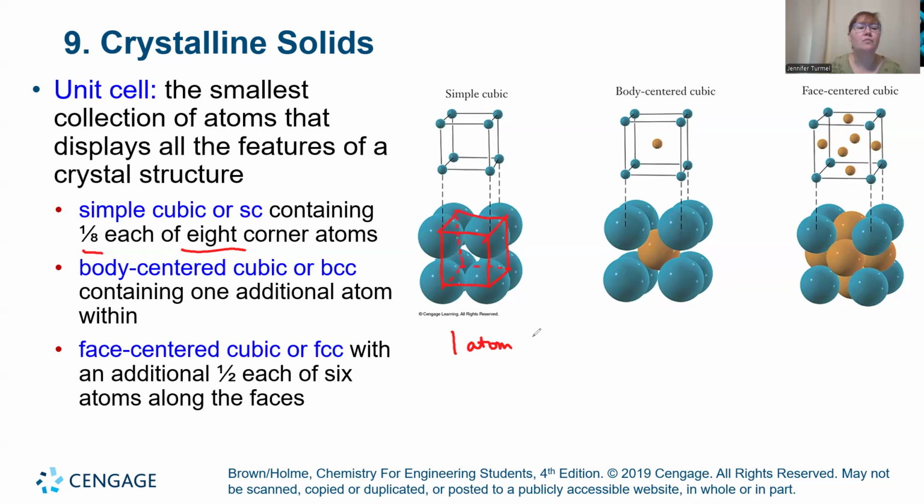Now, in a body-centered cubic cell, or BCC, we have the same stuff. We have 1/8 atom for each one of the corners, and that's not going to change. We have an atom right here in the center of the unit cell. So this is 1 atom plus 1 in the center for 2 atoms per cell.